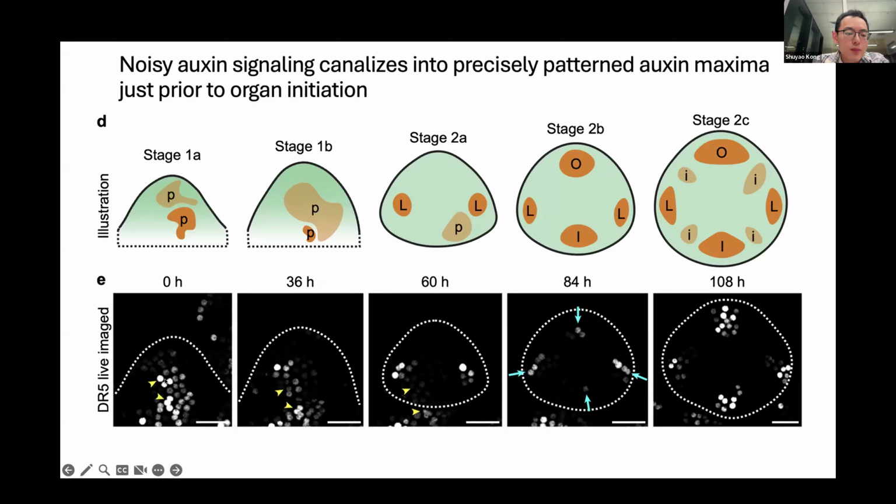It sometimes forms these randomly positioned, stochastically positioned auxin noise with just a few cells with very high DR5 signal surrounded by cells with lower DR5 signal. But this noise is eventually going to canalize to these 4 places with very high auxin signaling just prior to sepal initiation. That was very magical that we found, and we wanted to figure out how it happened.